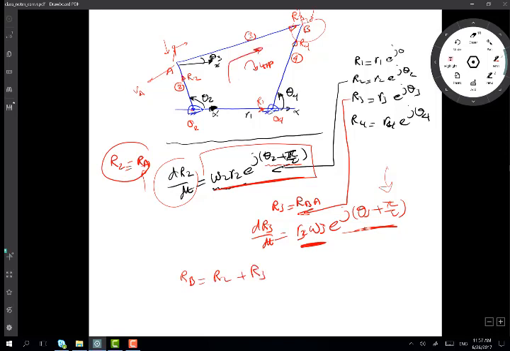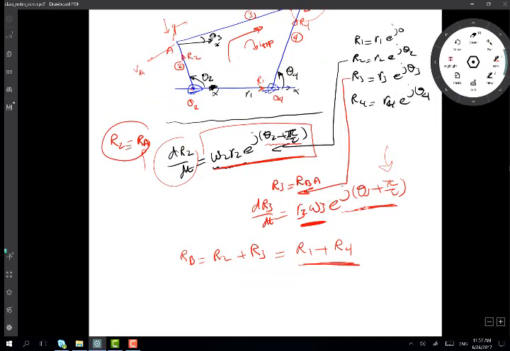This will take me to point B, or R1 plus R4, and this also will take me to point B. So if I want VB, I can then differentiate that, right?